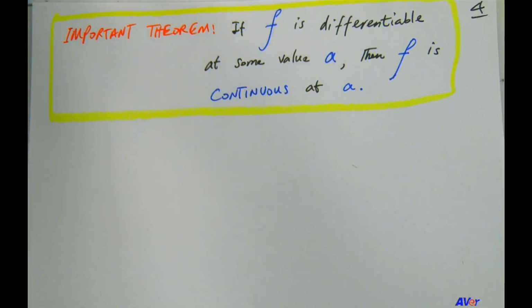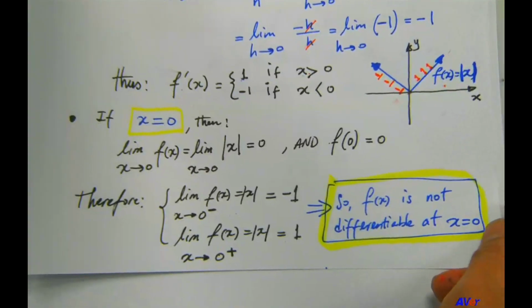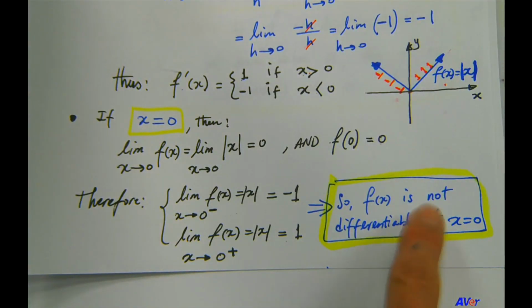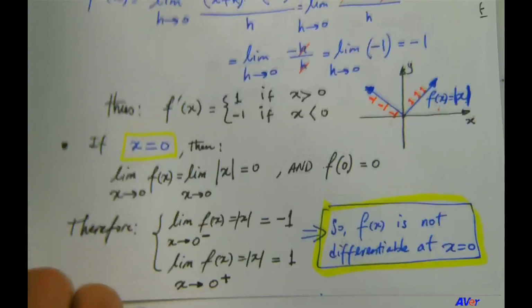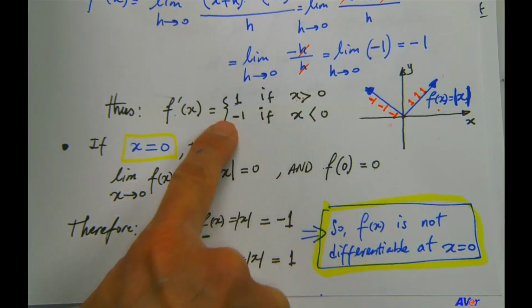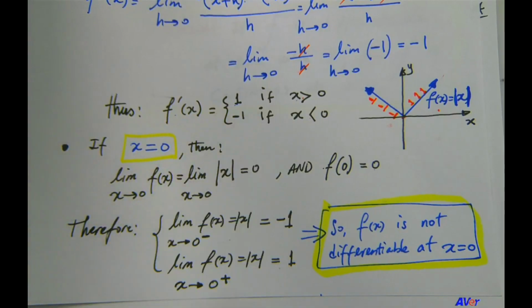So what does that mean in terms of the example that we had? We found that the absolute value function is not differentiable at x equals 0. It was only differentiable at x greater than 0 and less than 0, and we found the value of the derivative. But at x equals 0, it is not differentiable.